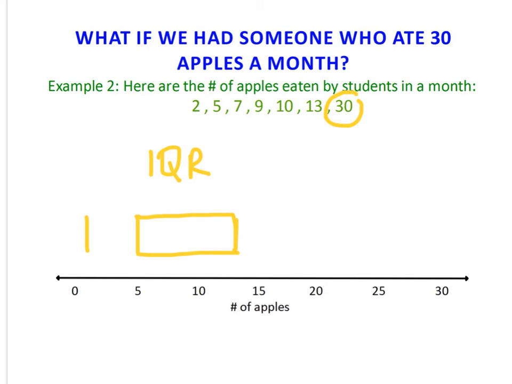I connect my minimum to the box with a line. I need my median at 9. There we go. Since I have an upper outlier, instead of having the line go all the way to 30, I get to put a little star at 30. We always star our outliers.